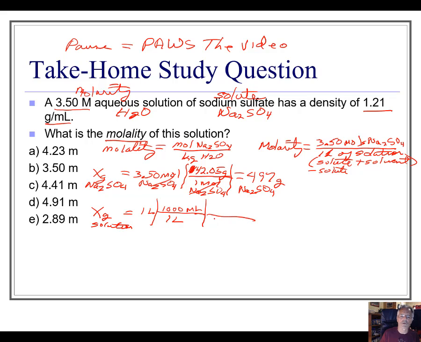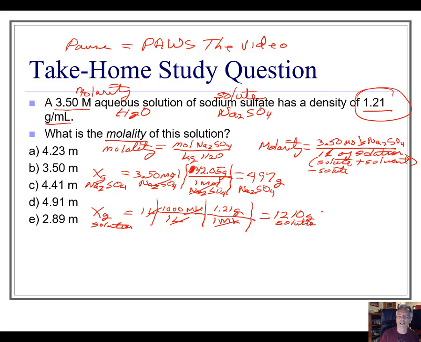Then in every 1 milliliter, there are 1.21 grams. All right, so that's all I need. My liters will cancel, my milliliters will cancel, and really I'm just multiplying 1,000 times 1.21, which is 1,210 grams of solution.